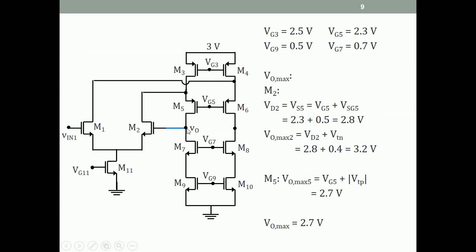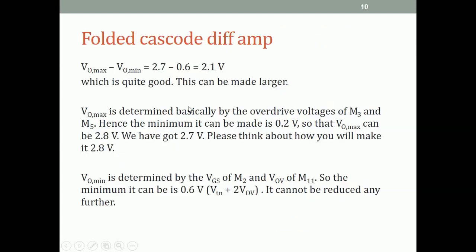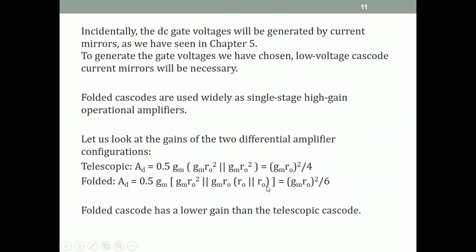Without that, the output resistance of a folded cascode is the resistance looking down, which is gmro squared right here, in parallel with gmro of M5 times the resistance looking at this node, which is the ro of M2 and ro of M3 in parallel. So ro parallel ro times gmro. That is where this gmro, ro parallel ro comes from. Put together, this comes out to be gmro the whole squared by 6, which is of course smaller than the telescopic cascode gain.